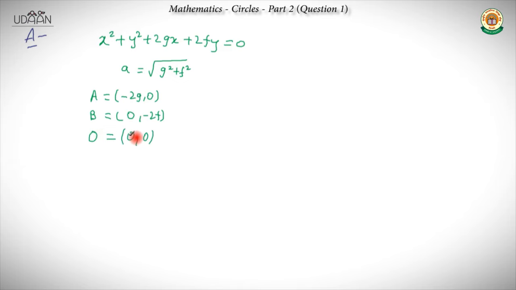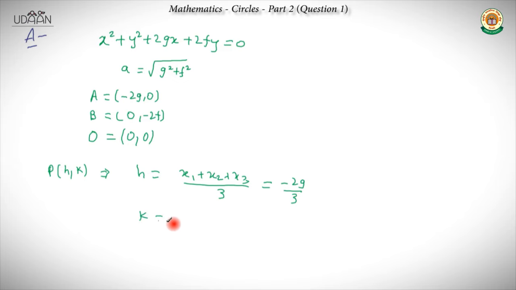If we know the 3 vertices of the triangle, x1 comma y1, x2 comma y2, x3 comma y3, then the centroid of the triangle is given by x1 plus x2 plus x3 by 3 comma y1 plus y2 plus y3 by 3. So if we assume the locus of the centroid of the triangle as the point P, h comma k, we have h equals x1 plus x2 plus x3 by 3, which in our question becomes minus 2g by 3.